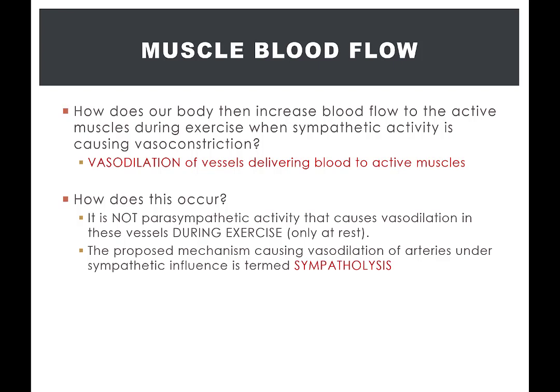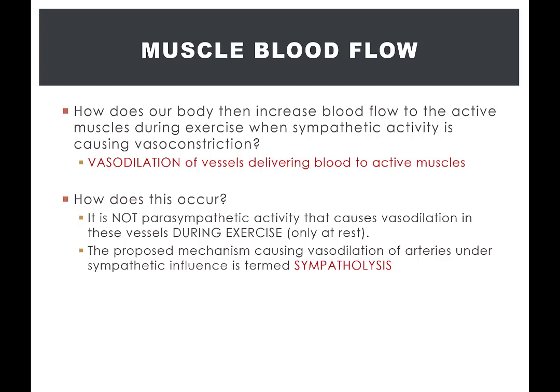So as you can imagine, this creates a high to low pressure gradient, and blood will flow from high to low pressure, from arteries that are constricted to arteries that are dilated, such as the ones, again, surrounding active muscles. Now the question is, how does this occur?